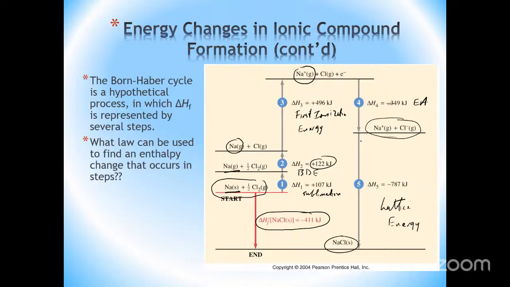And I checked your textbook, and your textbook says the lattice energy is the energy required to break up an ionic compound into its gaseous ions. So because that's what your textbook says, that's the definition I'm going to stick to, which means that the lattice energy in this case will be going from the sodium chloride solid to the sodium and chloride ions gaseous, which means that the lattice energy will be positive 787 kilojoules, right?